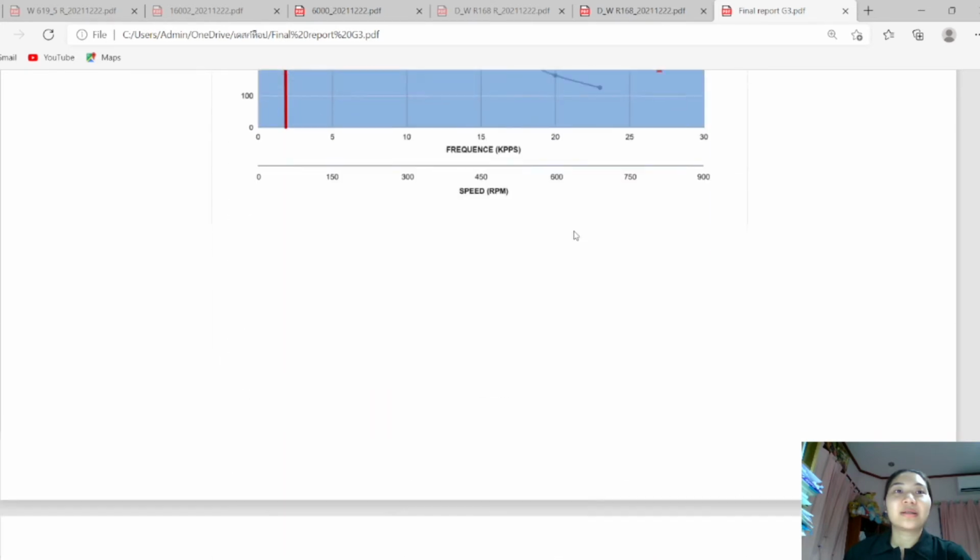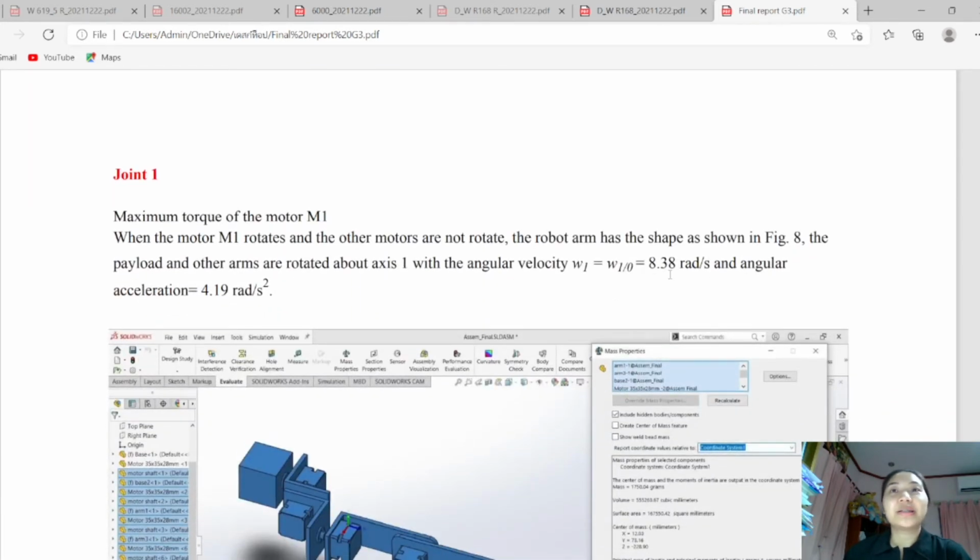And the last joy is joy 1. The angular velocity is 8.38 radian per second and angular acceleration is 4.19 radians per second square.